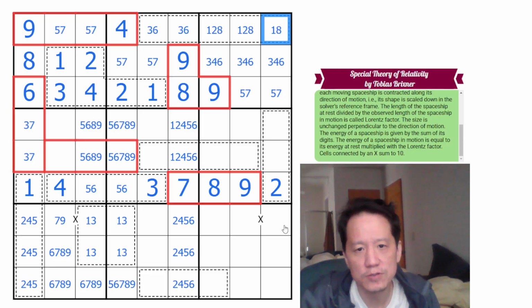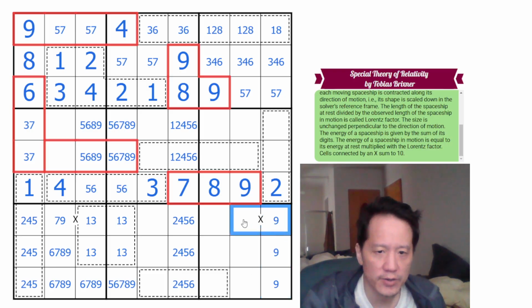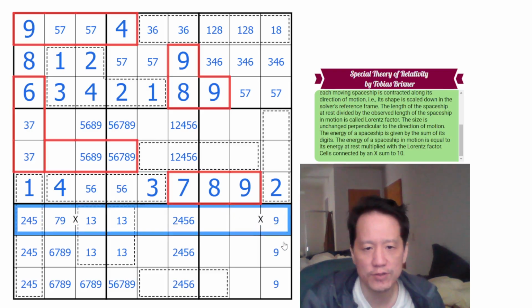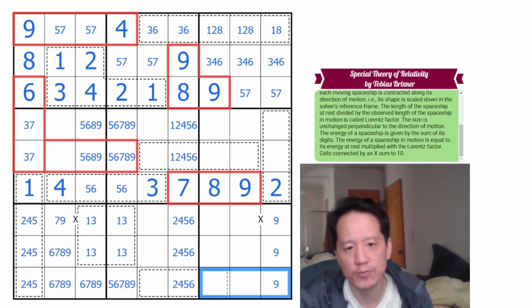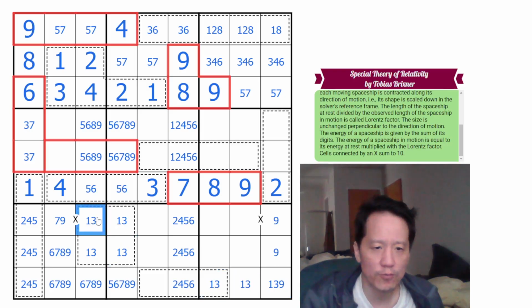This can't be 2. This can't be 9 because that would add up with 1 to 10, and we have the 1, 3 pair already in the row, which eliminates 1 and 3. Actually, 1 and 3 have to be 2 out of these 3 cells, because we have a 1, 3 pair in row 7, and a 1, 3 pair in row 8. So this can never be 9.